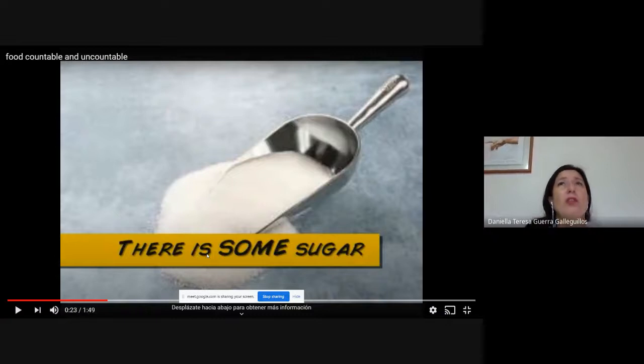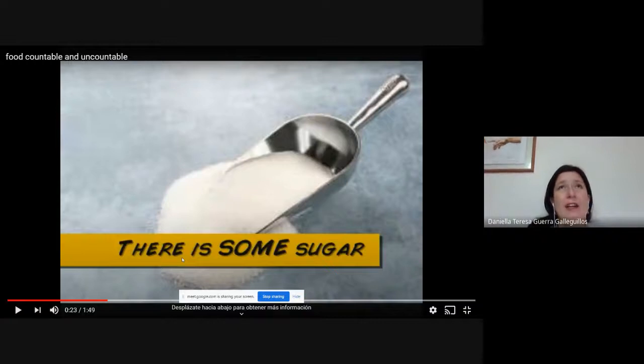¿Qué estoy contando? Los kilos. There are 2 kilos of sugar. Pero si yo no digo 2 kilos o 2 bags o lo que sea contable aquí, tengo que decir directamente el there is para incontables. There is some sugar. ¿Ok? Si lo quiero decir negativo, no hay nada de azúcar, 0. There isn't any sugar left.